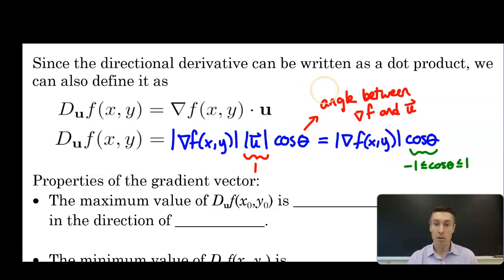Now, ultimately, what does that mean? That means at a given point, the maximum value of the rate of change in any direction is equivalent to the magnitude of the gradient evaluated at that point, since the largest value you're going to get for cosine is going to be 1.